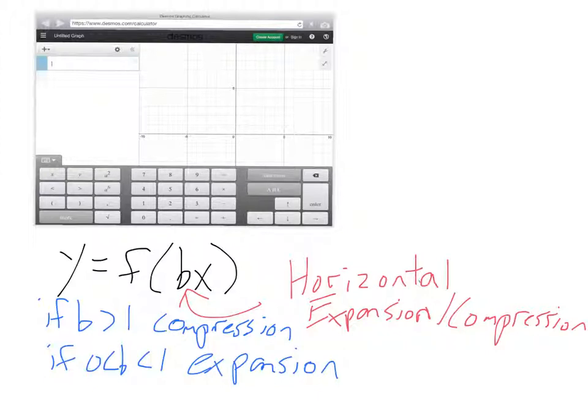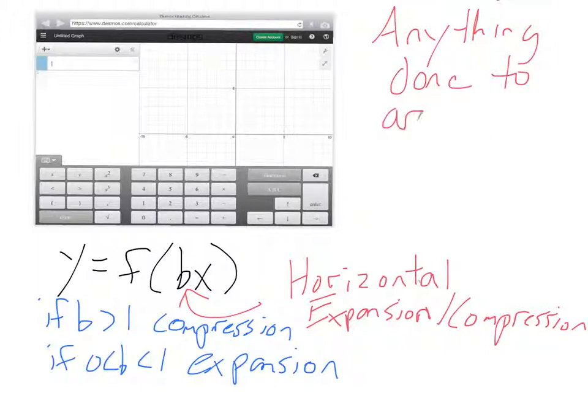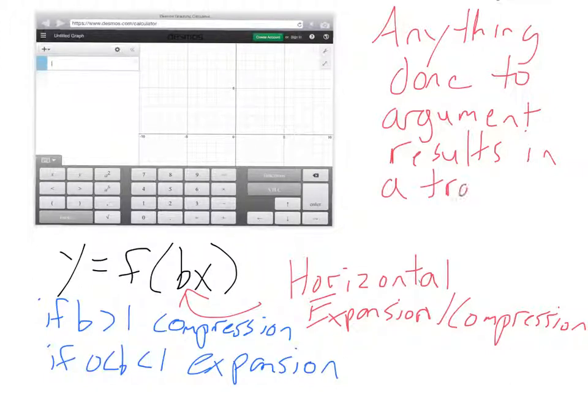So in general, just remember that anything done to the inside of the function, or to the argument, the x value, results in a translation opposite of what you would expect.